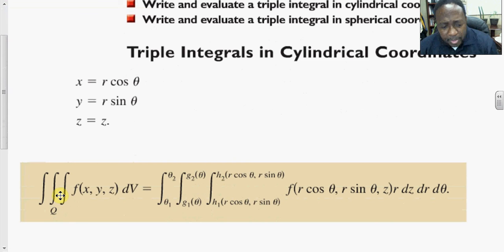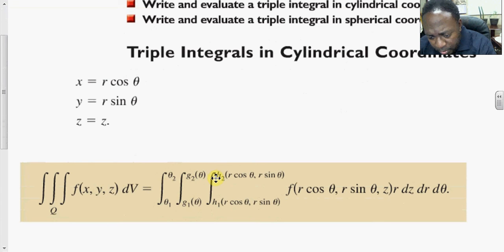We represent a triple integral over a solid Q of a function with respect to the volume. Here we have the integral from theta sub 1 to theta sub 2, which denote the upper and lower limits for theta. And then g sub 1 of theta, the lower limit, and the upper limit, g sub 2 of theta, which would be the boundaries for the radius.